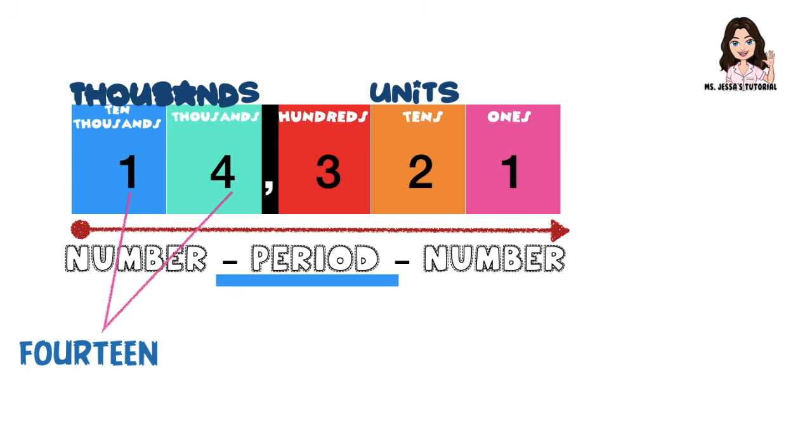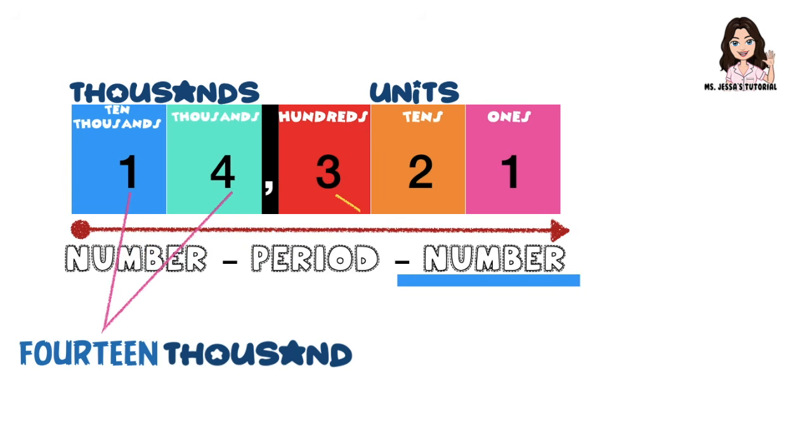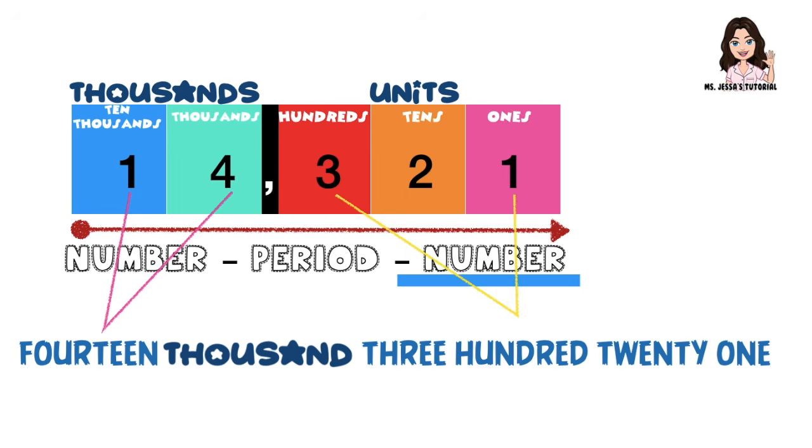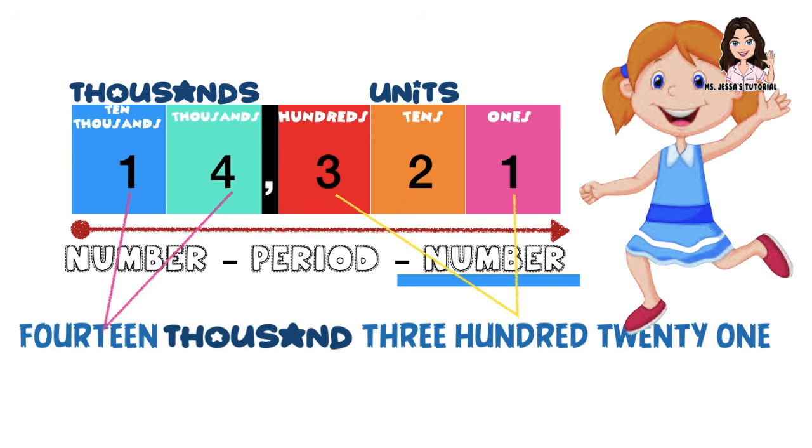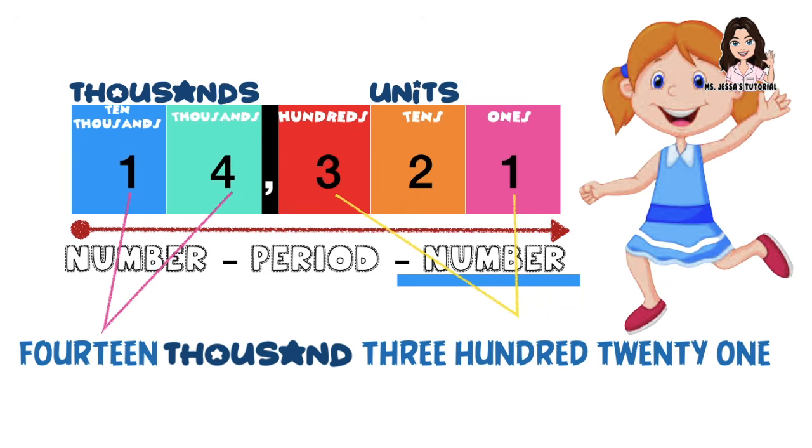Then period, again thousand without S. Then proceed to the number, which is 321. So again, let's read the number, children. 14,321. Again, louder. 14,321. How about if we have this?